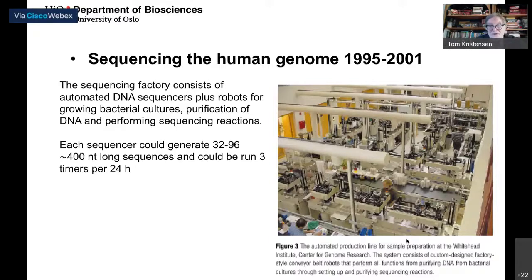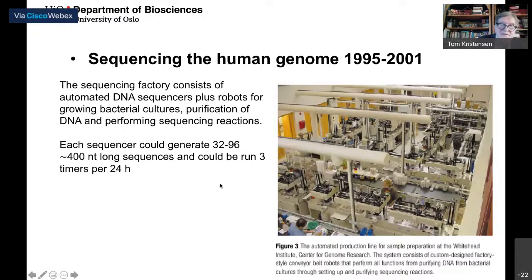in order for a system like this to sequence the human genome, you need a lot of factories, and you need to run sequencing reactions all the time over periods of years. So there was a lot of work involved in achieving this draft human genome in 2001.